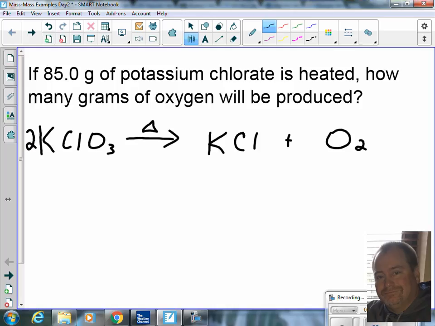So I put that 2 there to give me 6 oxygens. I'm going to put a 3 here to give me 6 oxygens. And then to finish balancing, I need to add a 2 there. So now do I have a balanced chemical equation, Gabby? Yes.